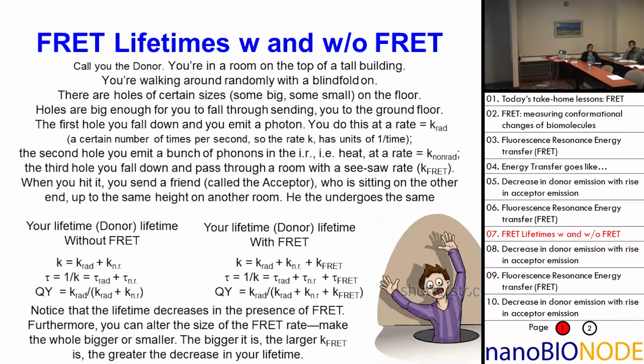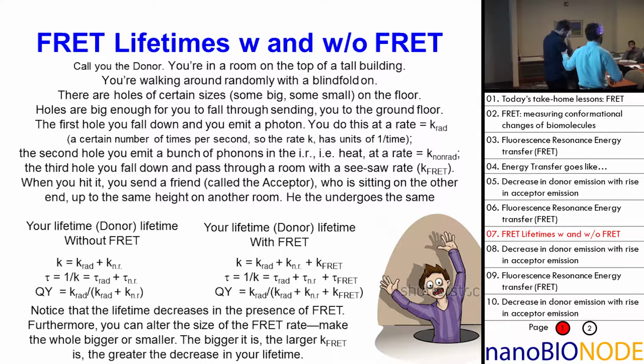Now, what do we do? You cover his eyes. Okay, now he's going around, and he almost falls into the radiative hole, but he doesn't. Almost falls into the non-radiative hole, but then he falls into another one called the energy transfer hole.